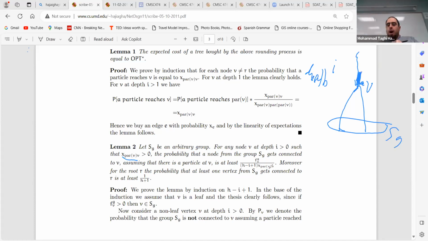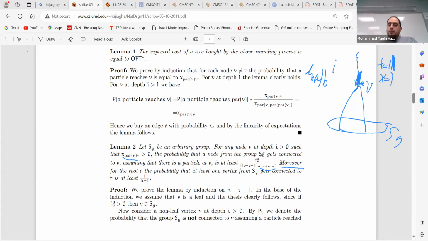over (H minus i plus 1) times X of parent of V. Good. Now, if you consider the root, what will happen? For the root, you can say that the depth of the root is equal to say 0 or 1, depending on the convention. Then the X of the parent would be 1, because for the root we defined a special case where the flow F is 1 and X_e is equal to 1.